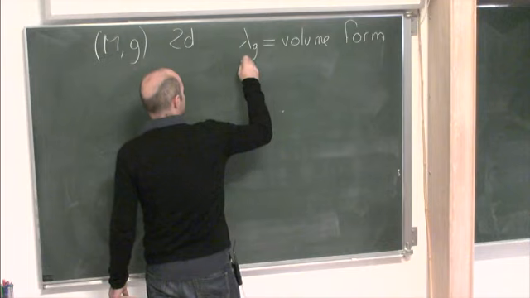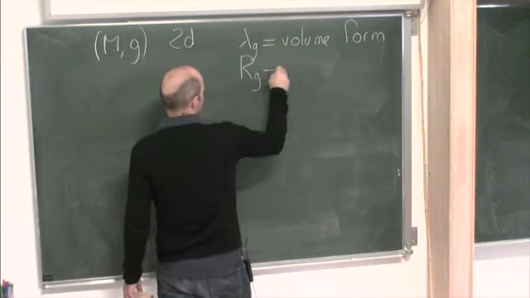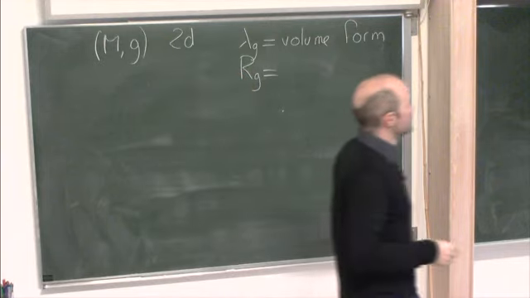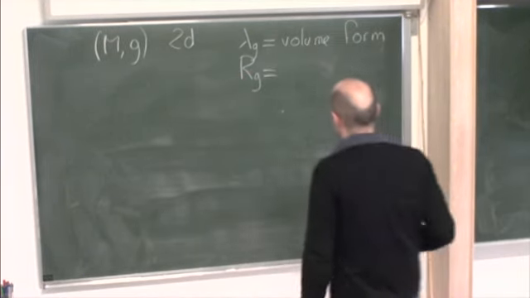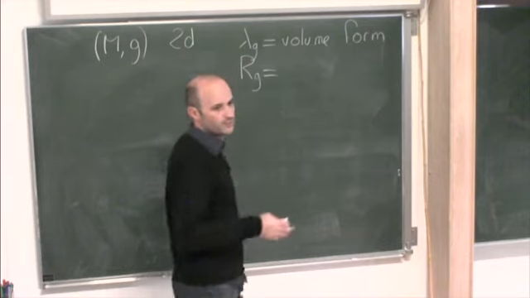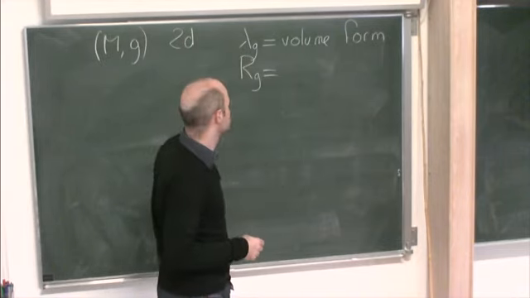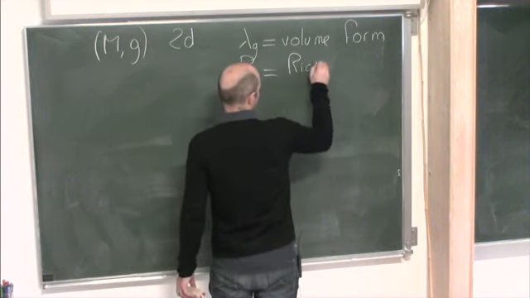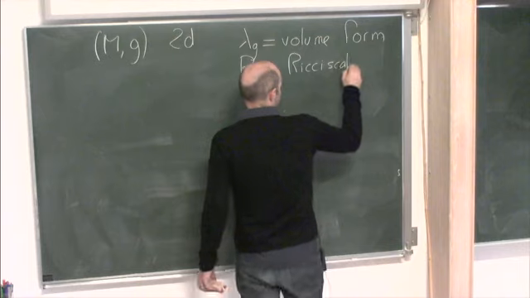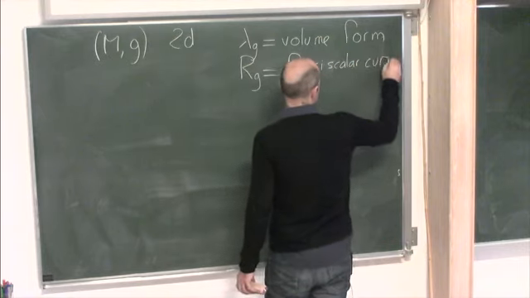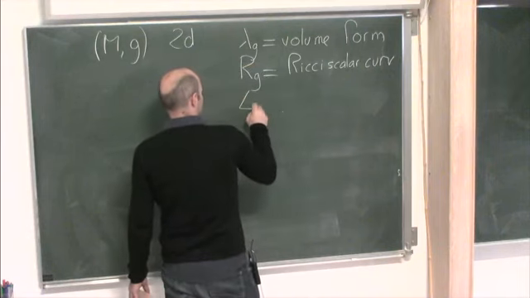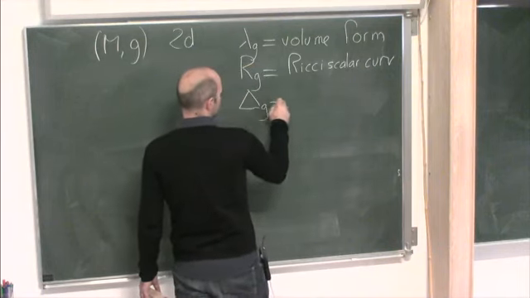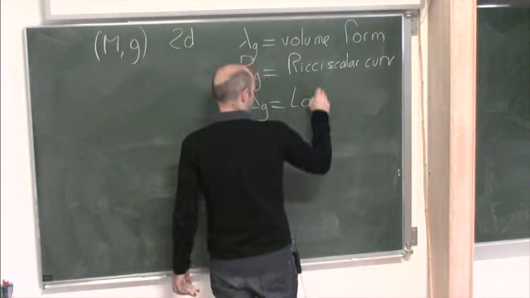You can define the Ricci scalar curvature, and as I will discuss the construction on the sphere in most of my talk, the Ricci scalar curvature will be 2. You have also some kind of Laplacian associated with this metric. This is the Laplace-Beltrami.